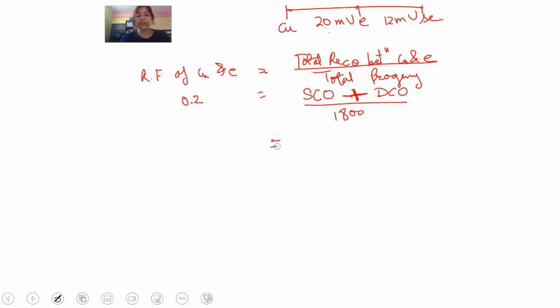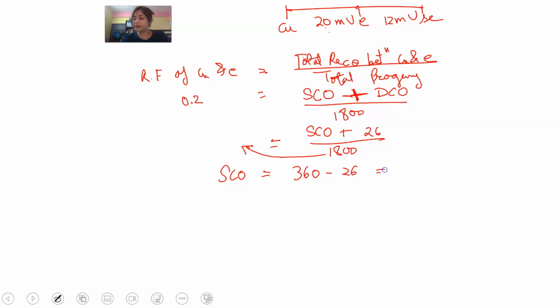Now we know the number for all, we have to calculate the SCO. So SCO plus DCO, which is 26, divided by 1800. When you solve it, move it to the other side: 0.2 multiplied by 1800 will come as 360, minus 26, it will come as 334. So single crossover between CU and E is 334.